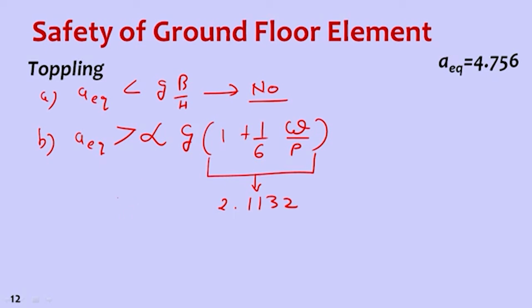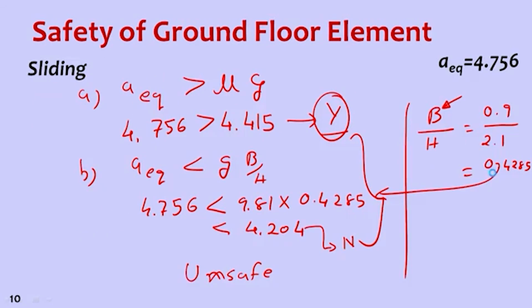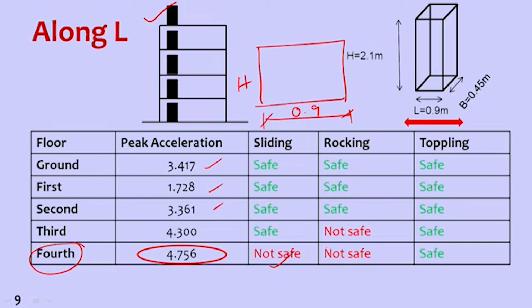Alpha is the only value which will change, which is 0.4285, and into 9.81. So this will give me 4.756 greater than 8.962. So this condition is also not meeting. So we can say that if both are not meeting, it is safe. So now we can see here it was not safe, not safe and safe.